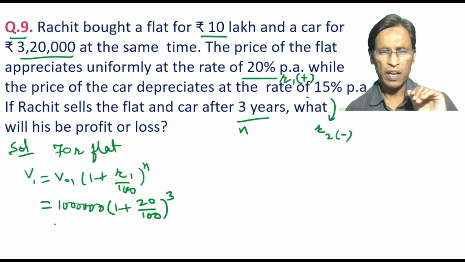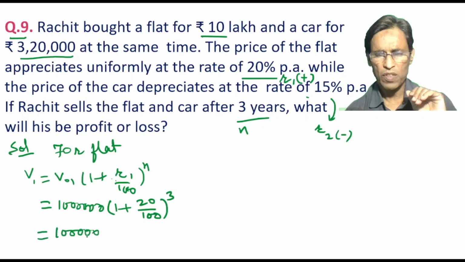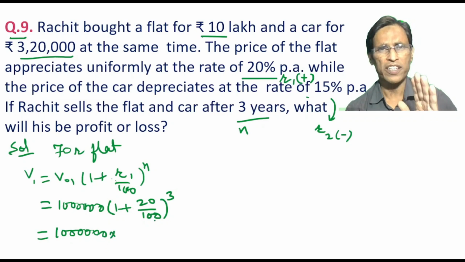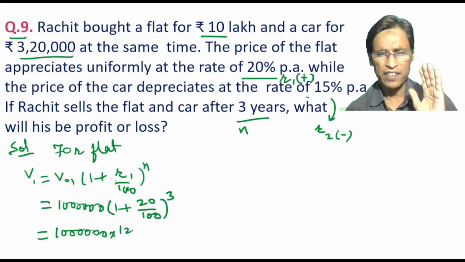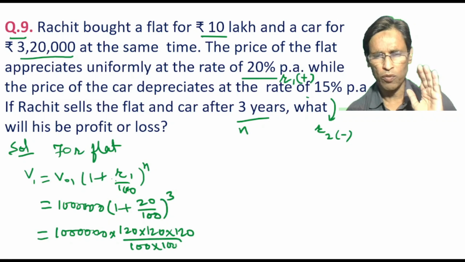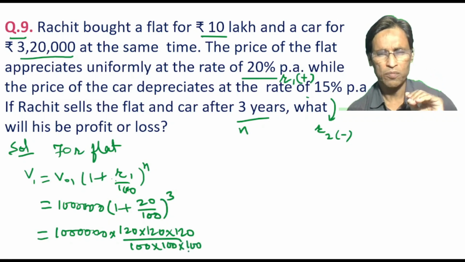Then its value will be 10 lakh into 1 plus 20 by 100, which gives 120 by 100, and so we can write it as 120 into 120 into 120 by 100 into 100 into 100.